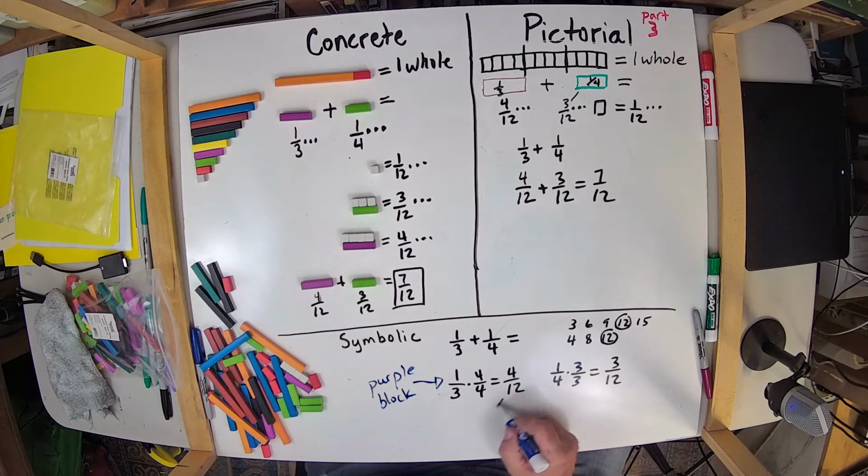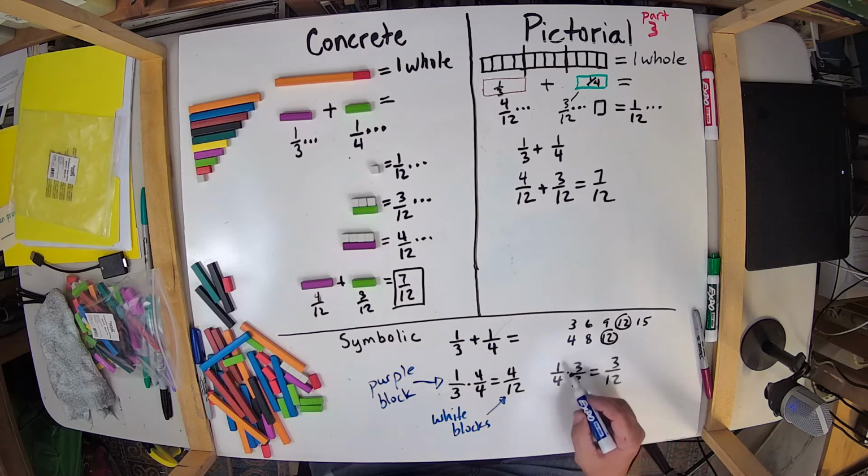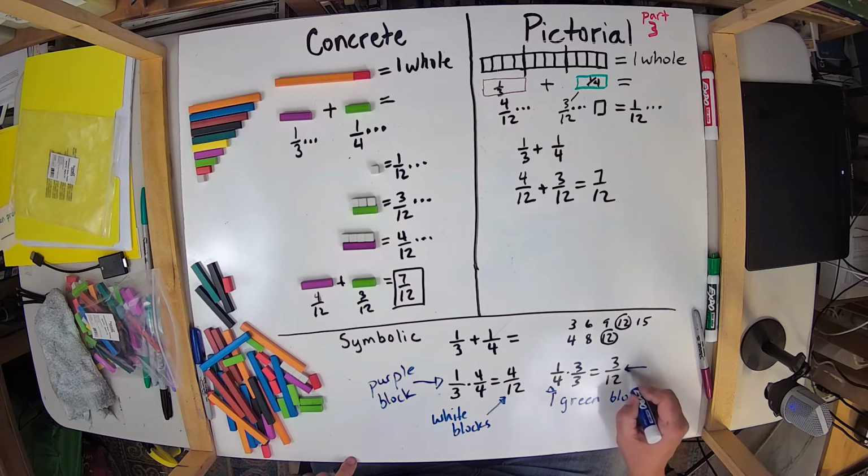So this is the white blocks. And this right here, this is the green block. And here I'm changing it into its equivalent white blocks.